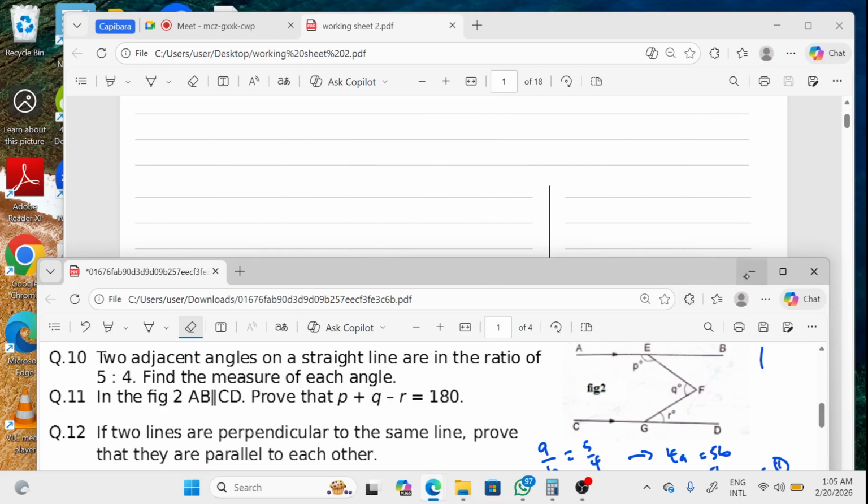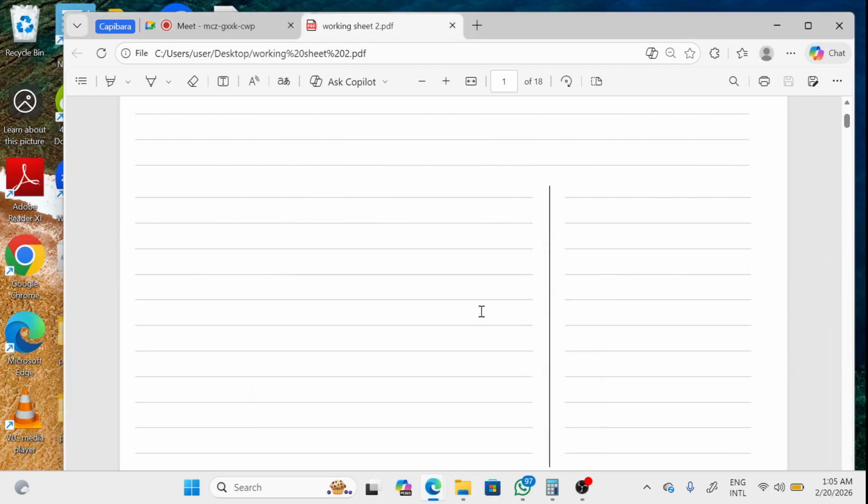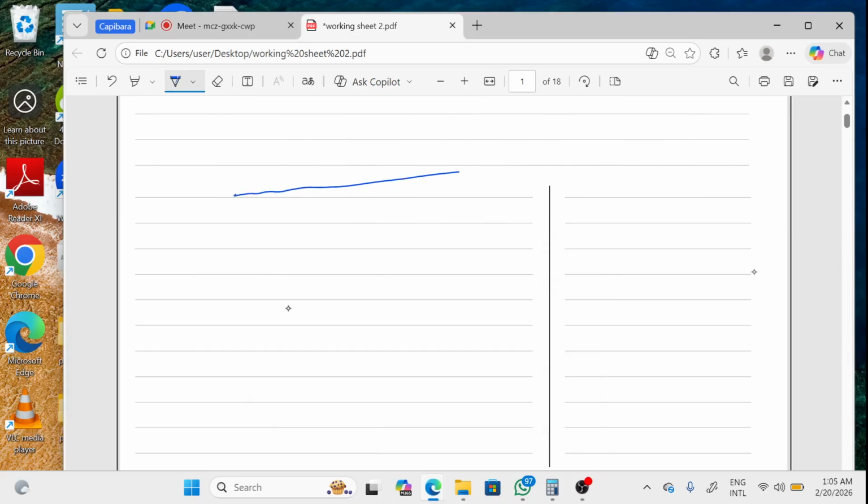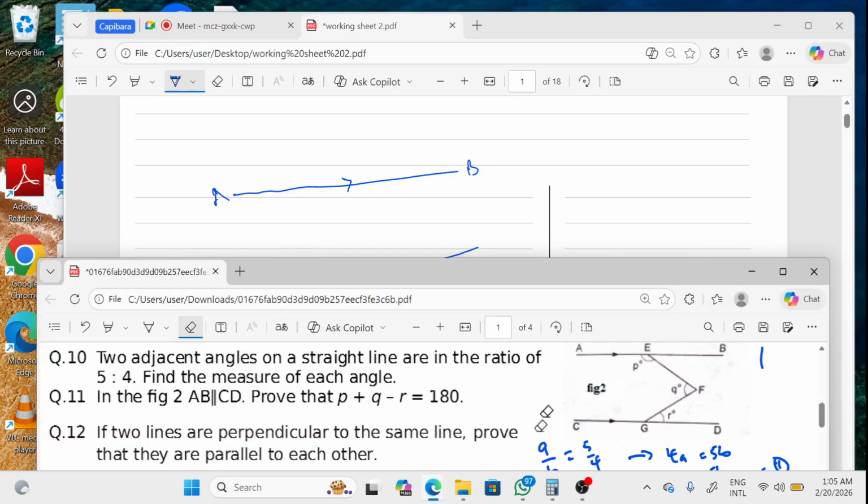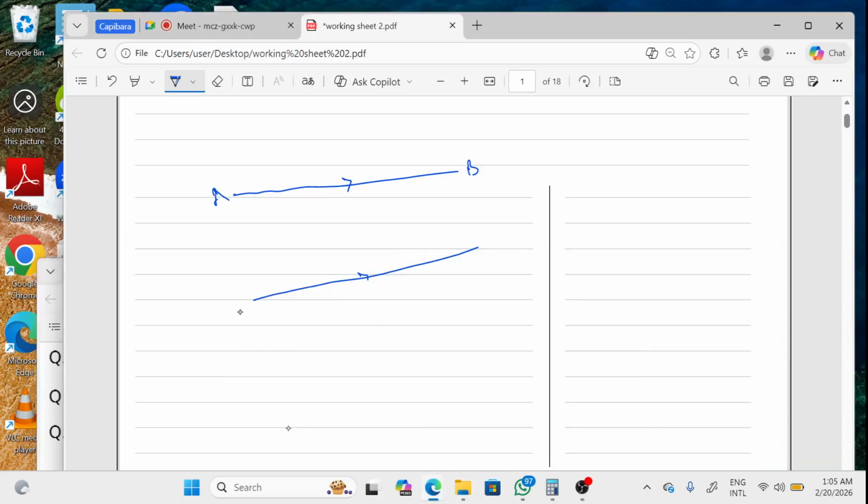So let's quickly draw the lines and see how they relate. Sorry for that noise. So now I have my two lines like this. So this line, I think, is line AB, right? And line CD. Yes. Line AB and line CD. Then there's a kind of line like this.